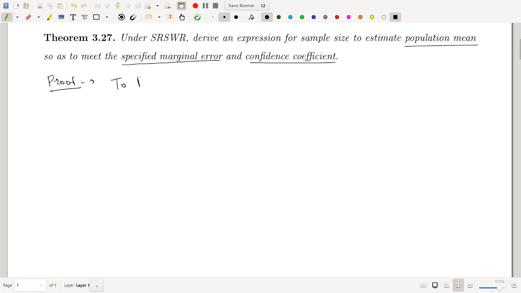Here we have to find n such that the probability of modulus of y bar minus capital Y bar less than d is equal to 1 minus alpha.